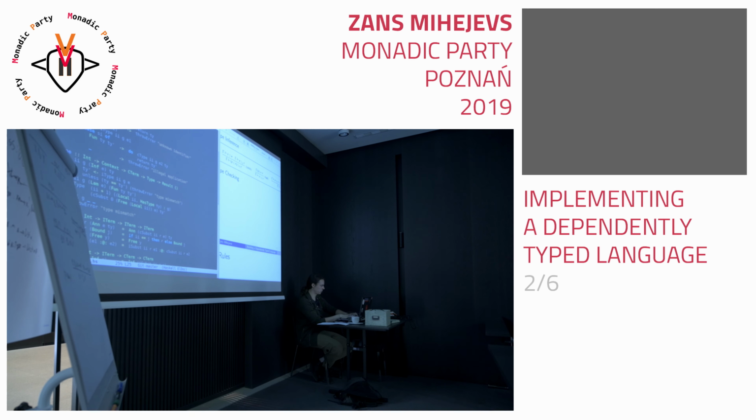Then for the free variables, we're just going to look up that the thing has the type. We're just doing the var rule. Very simple. And the final one is the application.